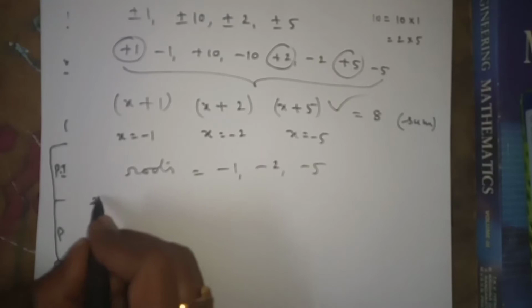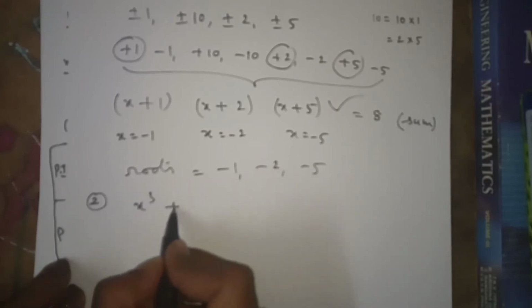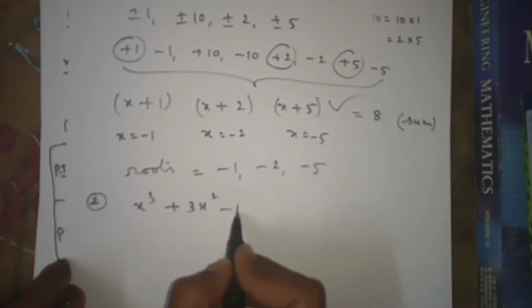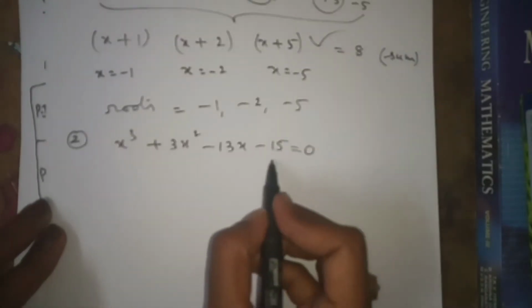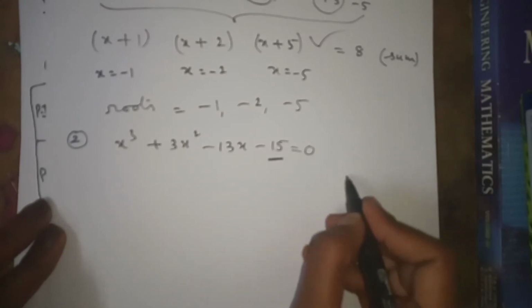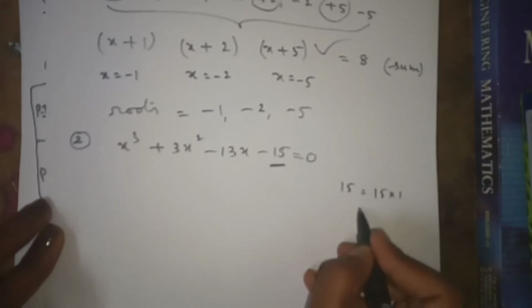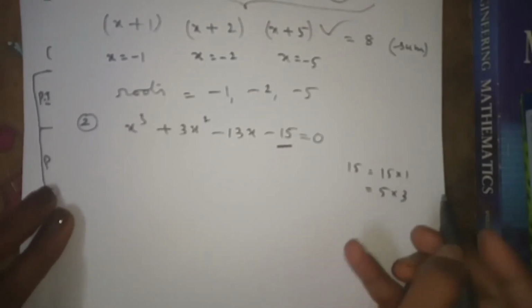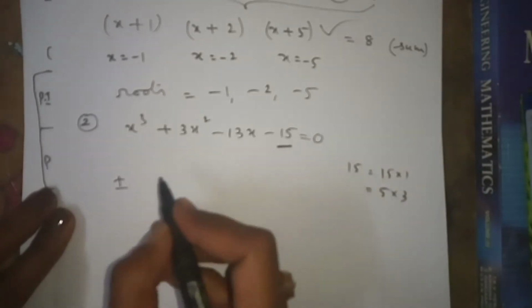For example, we will take another one. x cube plus 3x square minus 13x minus 15 is equal to 0. Here the factors of 15 are 15 into 1, 5 into 3. That means 1, 15, 3, 5 are the factors.